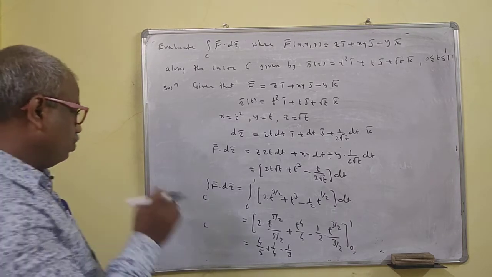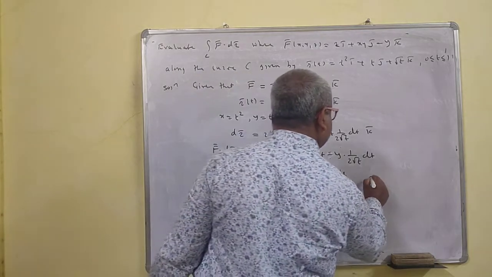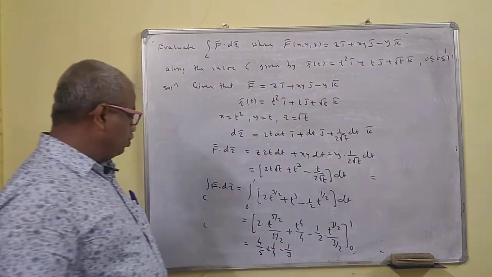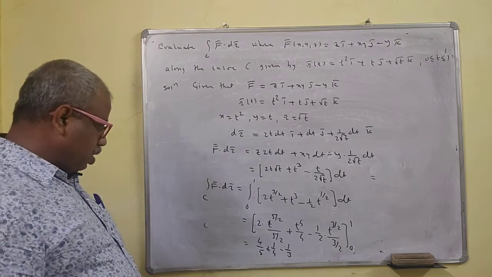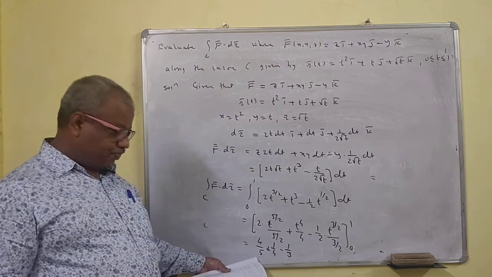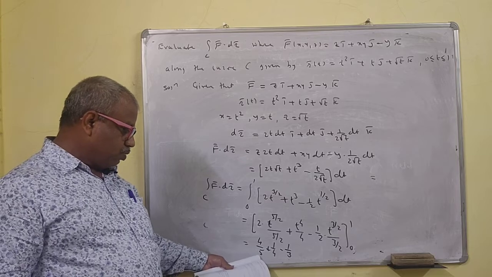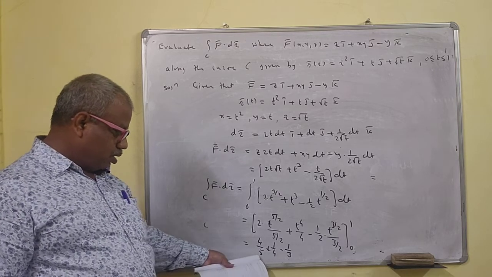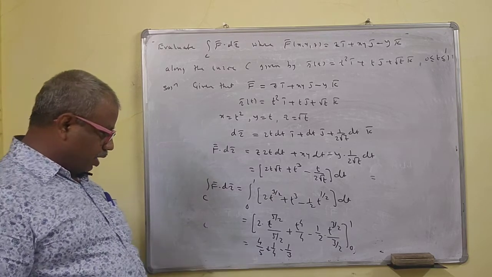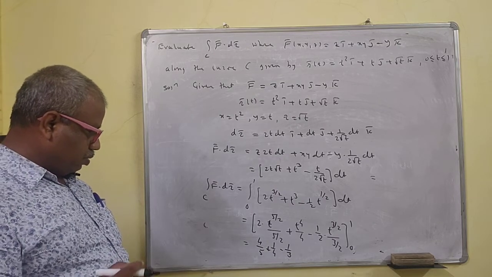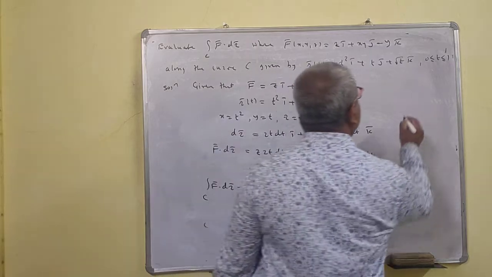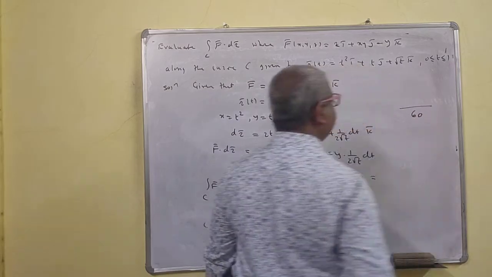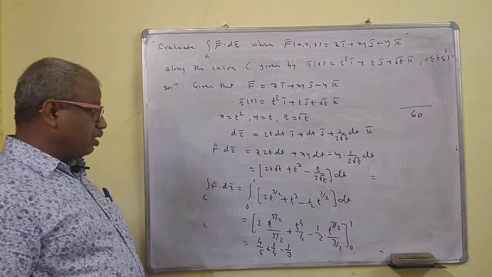So now this is equal to 4 by 5 plus 1 by 4 minus 1 by 3, so the denominators are 5, 4, 3. So we have to find the LCM. 60 is your LCM.